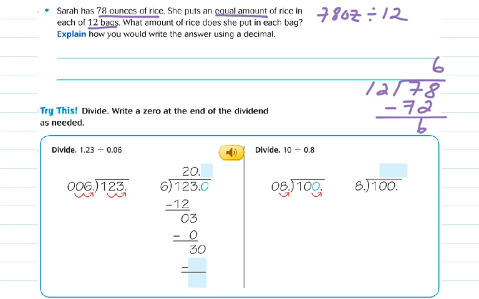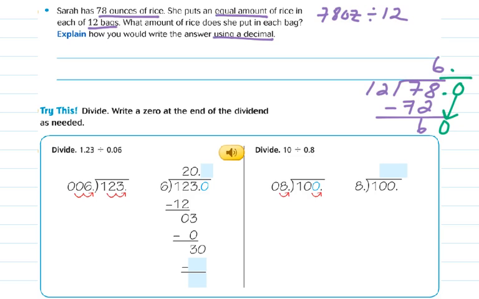Now this is a remainder. Normally we could put remainder 6, but in this case we want to use a decimal. So we would add a decimal point in the dividend, add a 0, add a decimal point in the quotient, and then bring it down.